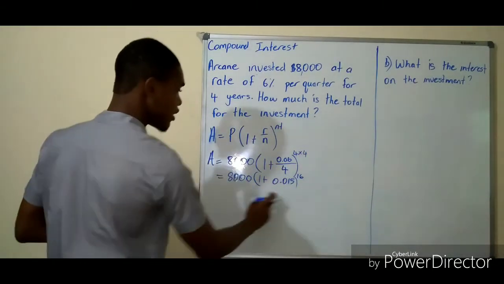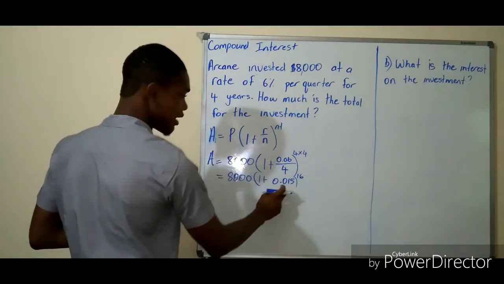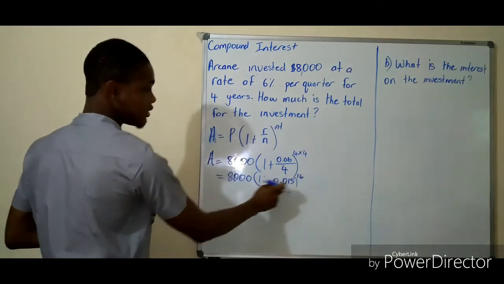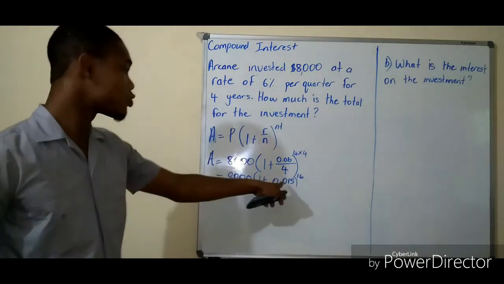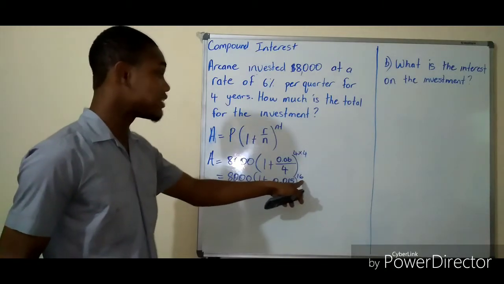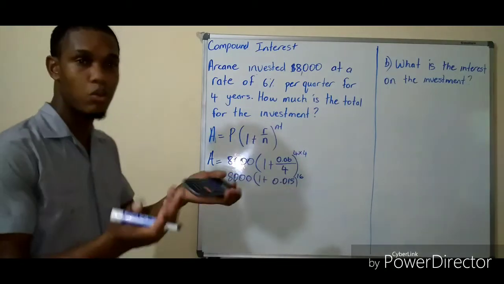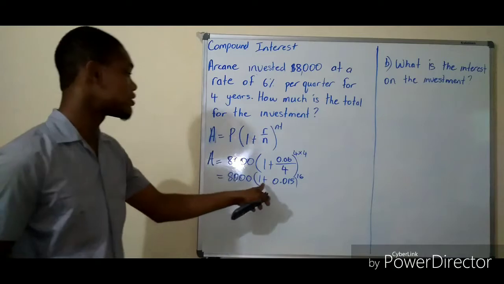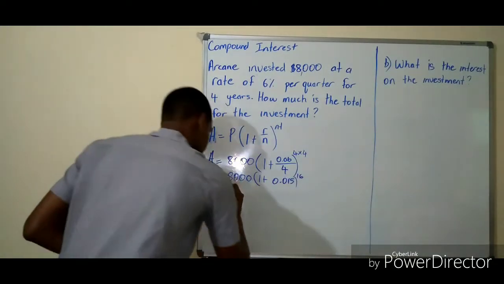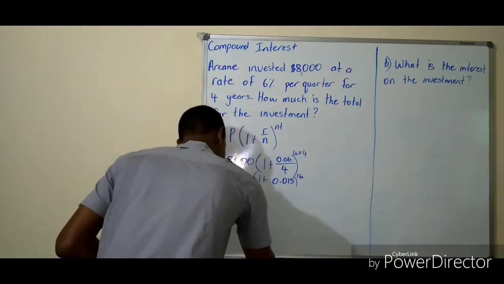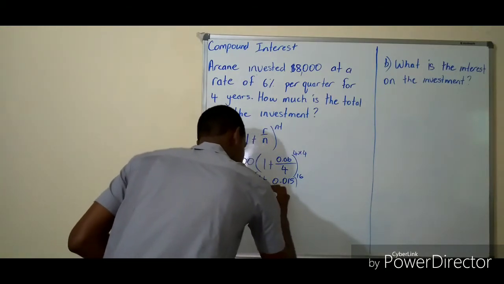The index, remember, means that you multiply what's in the bracket by itself that number of times. With calculators nowadays, you can just raise it to the 16th power. So I'm going to put that in my calculator and write the answer.